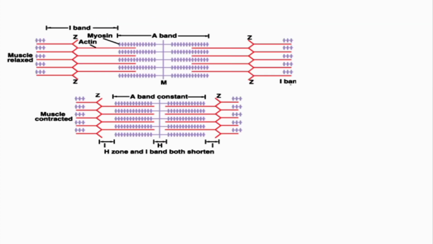Now a question might come to your mind: when we studied muscle contraction mechanisms, we saw that whenever the muscle contracts, the length of the sarcomere and as a result the length of the whole muscle does decrease, the muscle shortens. So then how does isometric contraction take place, in which the muscle length does not change?